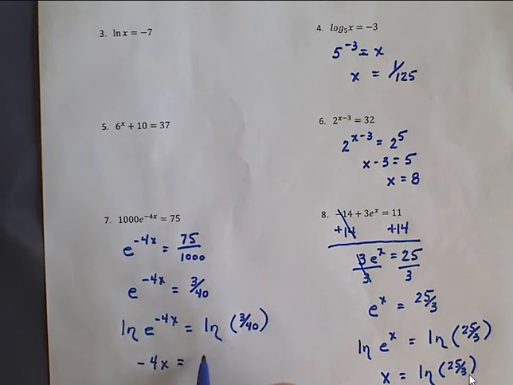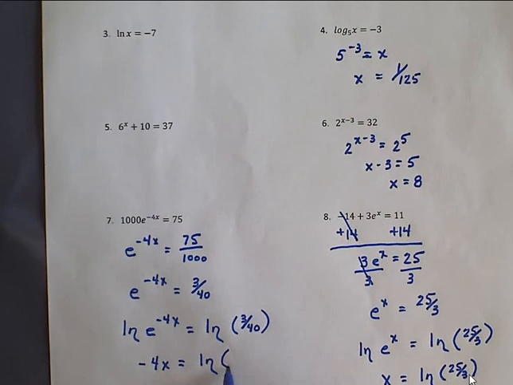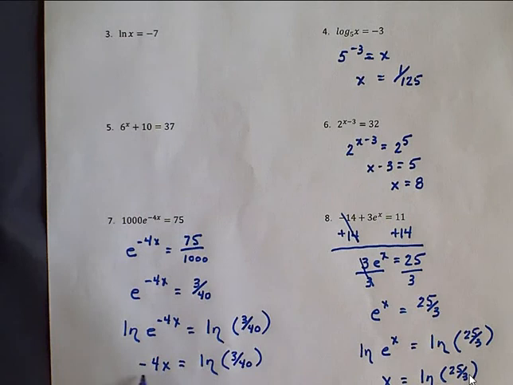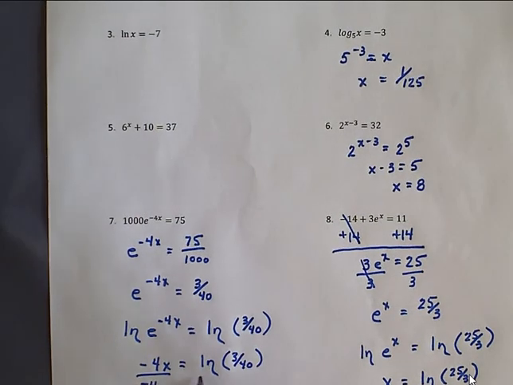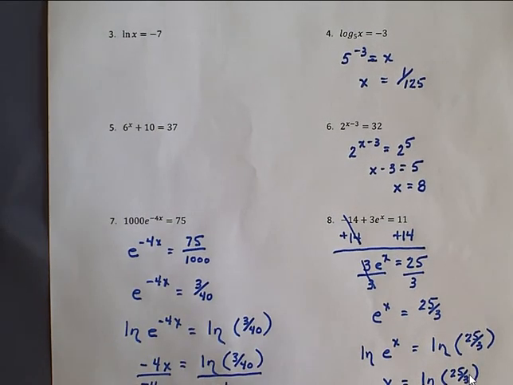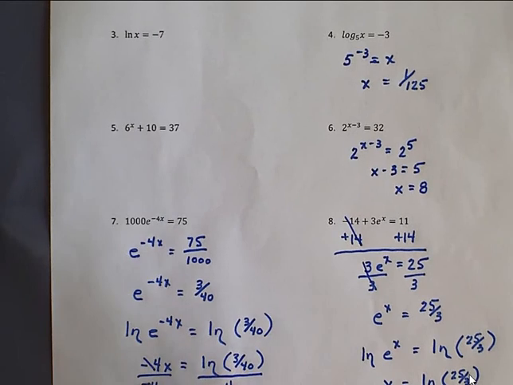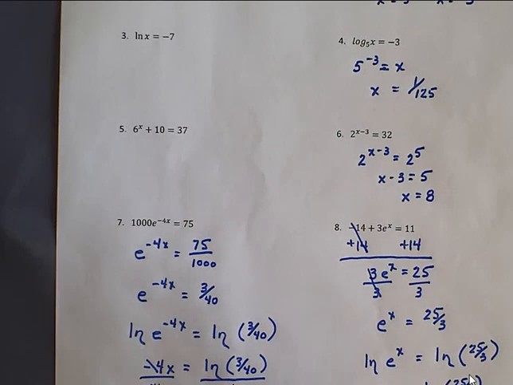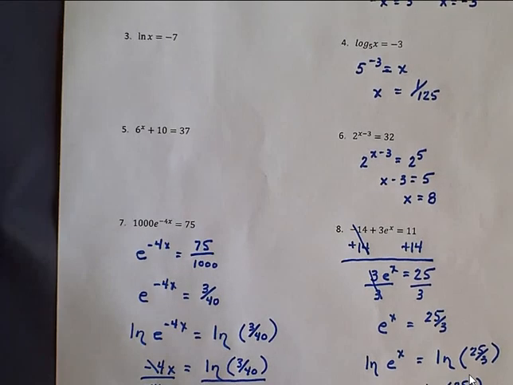Natural log of 3/40. And then just get rid of that negative 4 by dividing it off. But you have to divide the whole thing by negative 4. And that negative, I would probably bring that up. And there's your answer there.